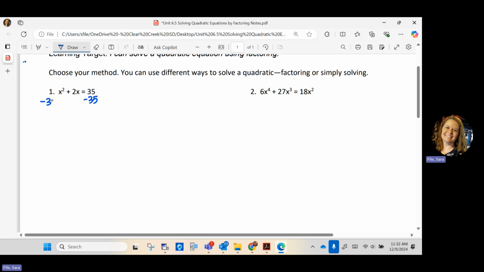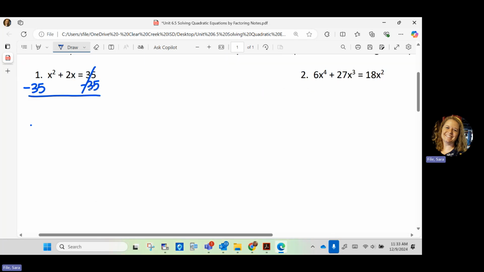Now I'm going to write it out here to the side because I don't want to line it up under that x squared or that 2x, because we're not combining those because none of those are like terms. So what you end up with is your x squared plus 2x minus 35 equals 0.